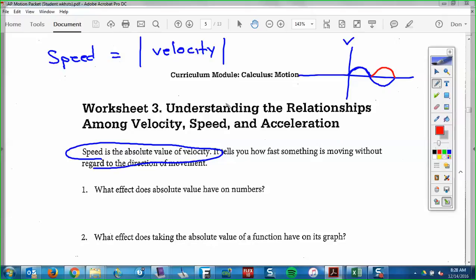And then the relationship between velocity and acceleration, and we talked about this. If velocity is positive and acceleration is positive, or if velocity is negative and acceleration is negative, that's when something is speeding up. An object is speeding up or getting faster if these two agree.